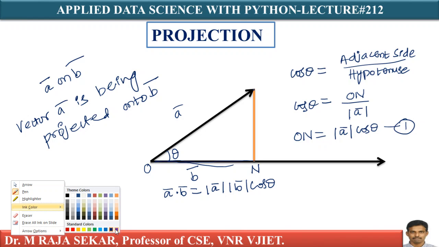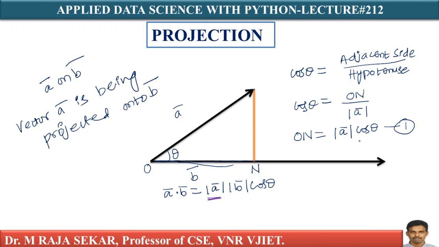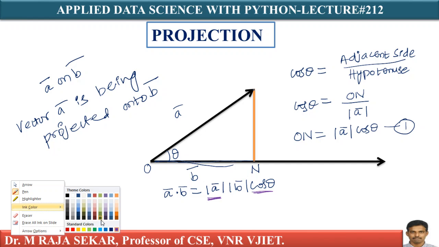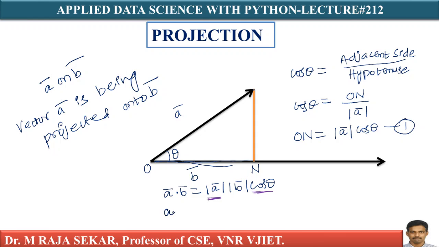In the place of mod A bar into cos theta, what can I write? It is simple. A bar dot B bar equals, in the place of mod A bar into cos theta, I can write ON. Can I write ON into, what can I write?